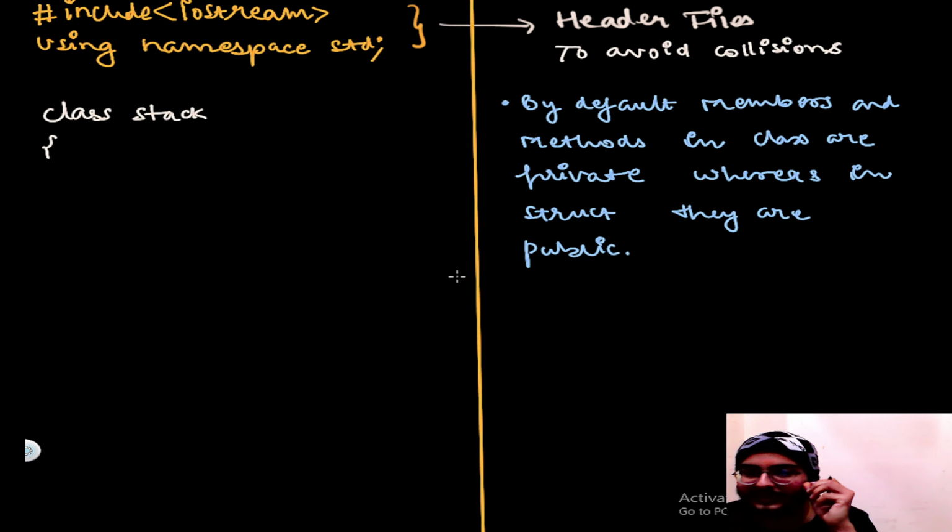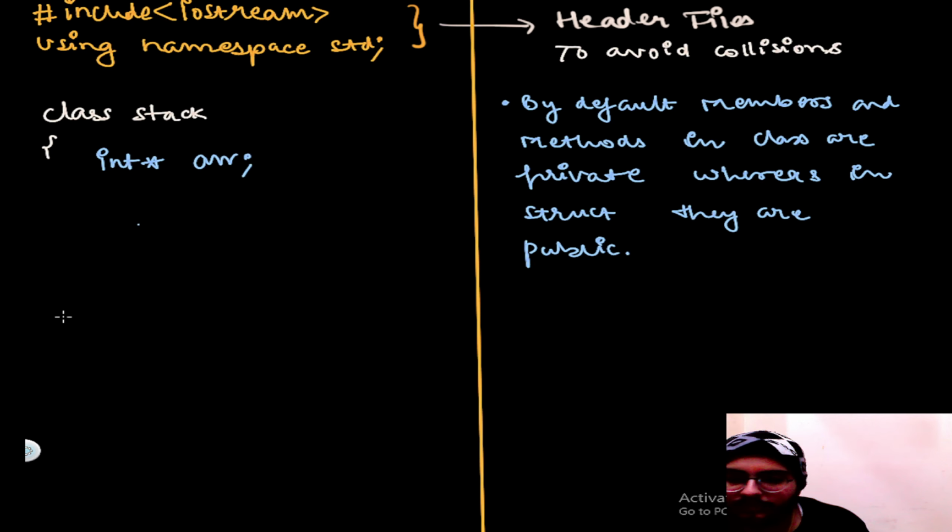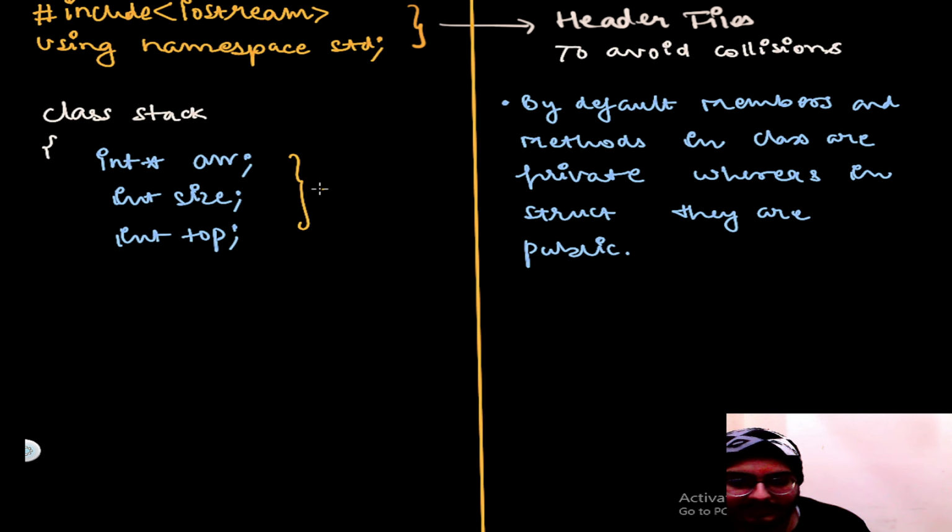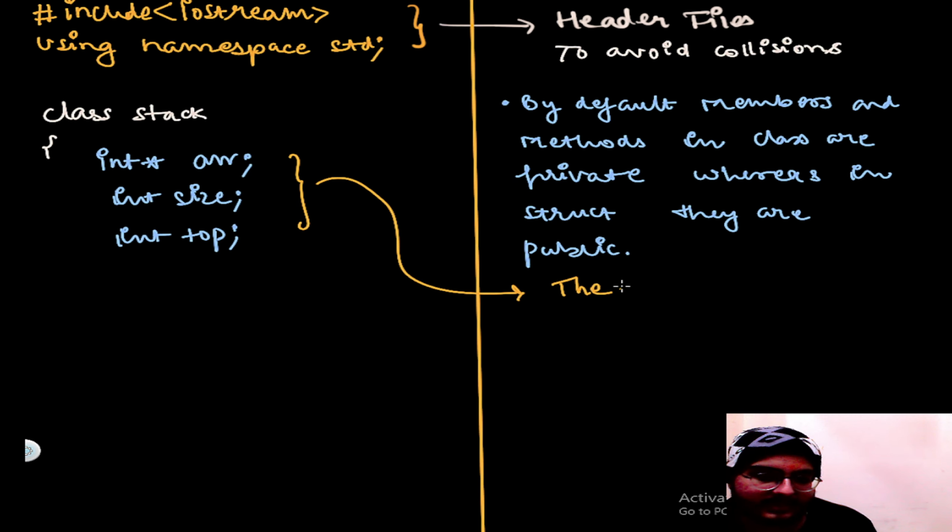Okay, so class Stack. Then we have some private data members such as int star array, a pointer only. Then we have an integer size, then we have a top element, int top. So these are basically the initial members.